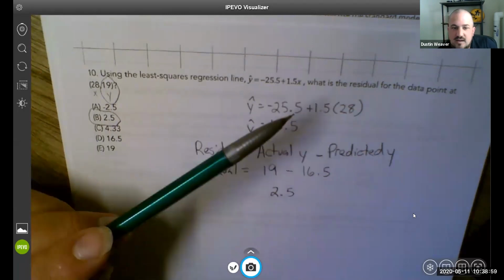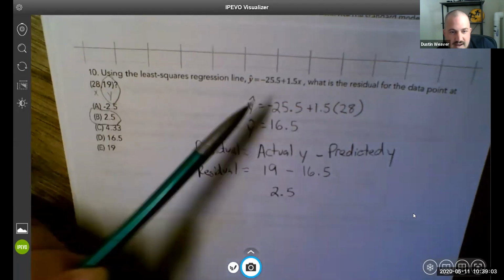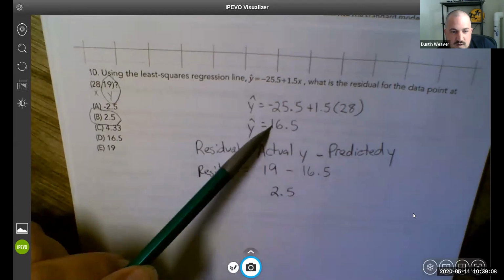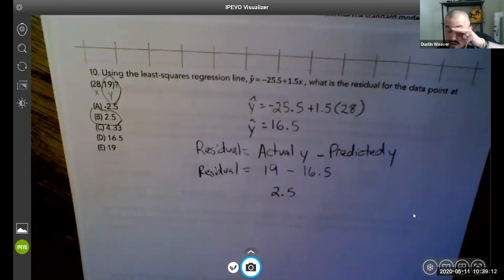You could use it, but you have your actual y, you have your equation, you plug in x to get your predicted y, you do actual minus predicted, and you have your answer. So finding a residual is an important part in Unit 2 of 2 variable data. So it's definitely something that they can ask on the exam.